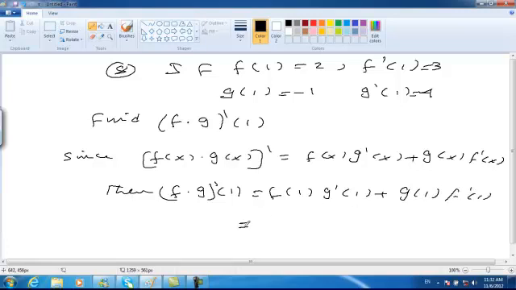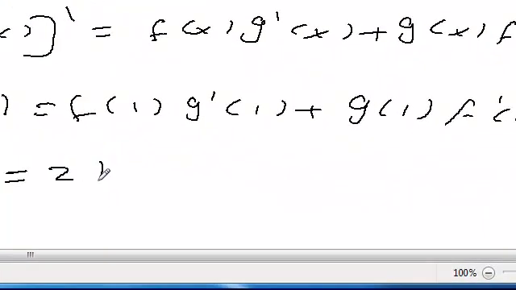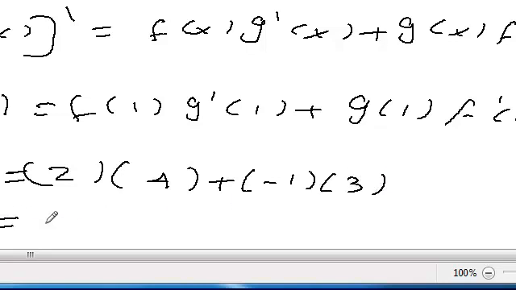Substitute: f of 1 equals 3, multiplied by g dash 1 equals 4, plus g of 1 equals minus 1 times f dash 1 equals 3. 12 minus 3... the answer given is 5.